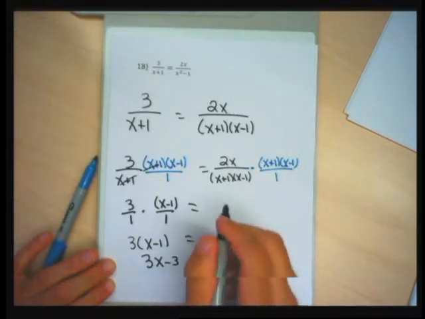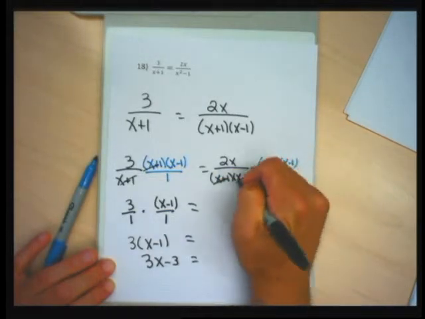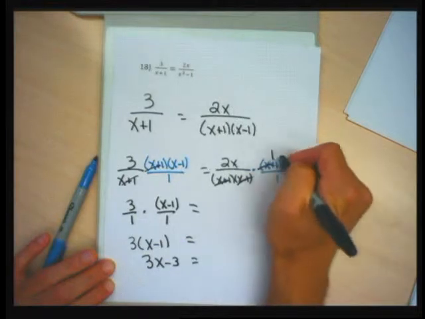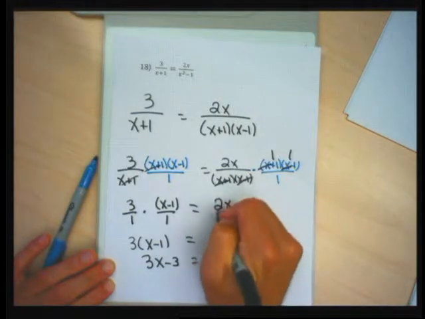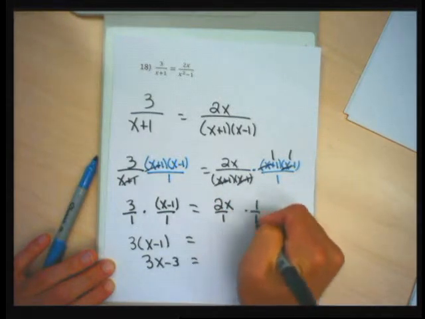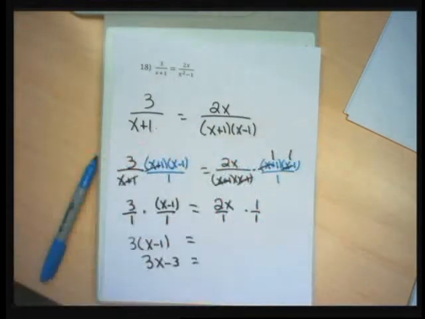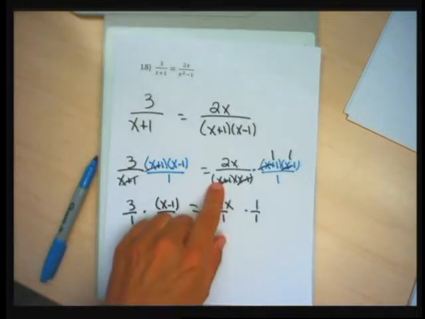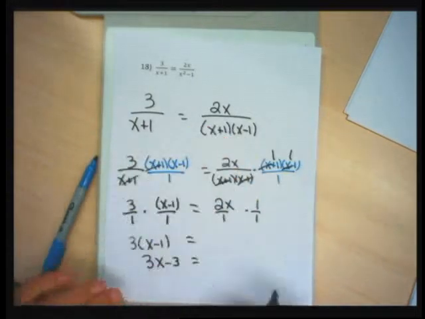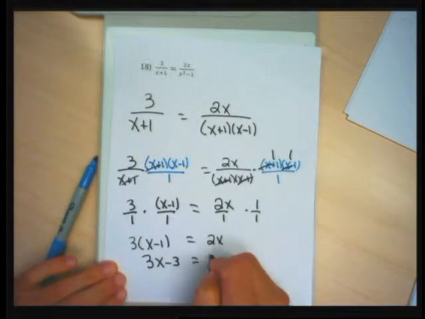On the right side, I'm going to cancel the x plus 1s and the x minus 1s. So I have 2x over 1 times 1 over 1. Everything in the right piece canceled away, so I just had a bunch of 1s left. The denominator canceled there, so I have a 1 left. So to the right of the equal sign, I just have a 2x.